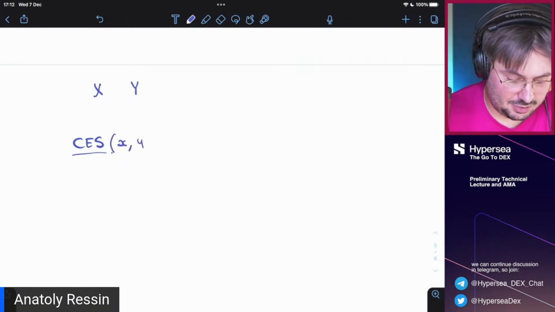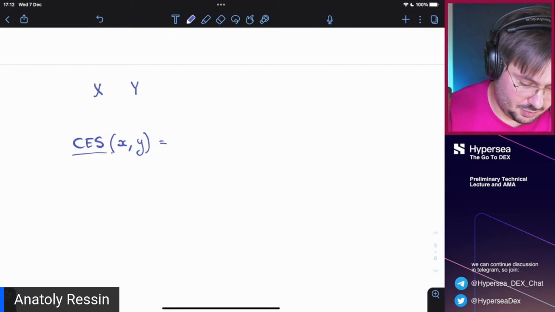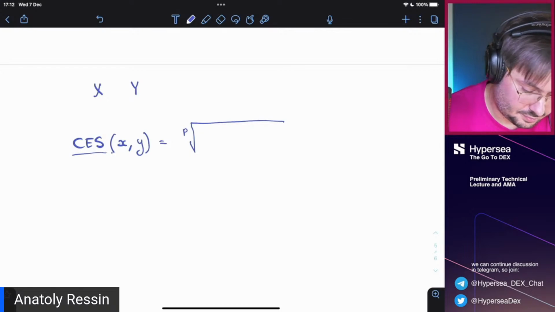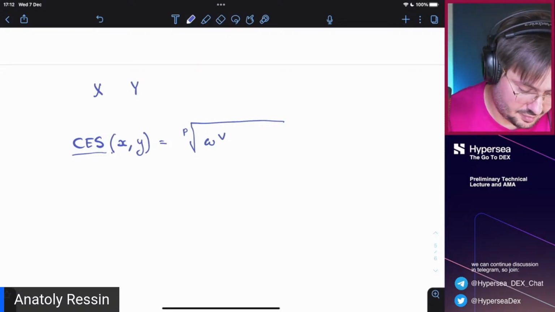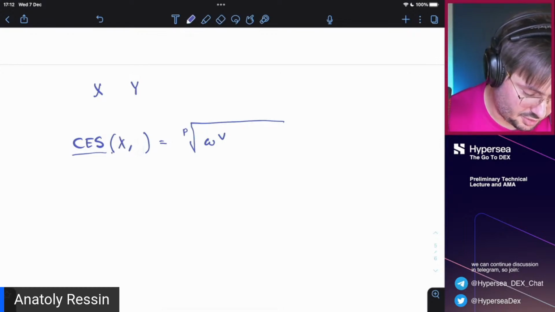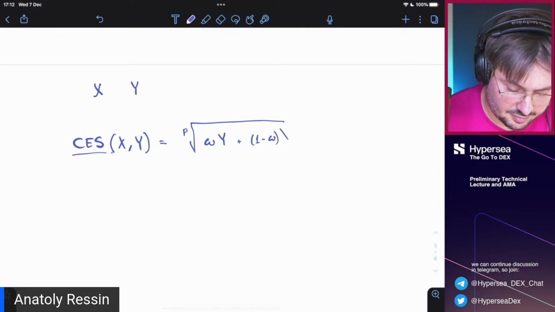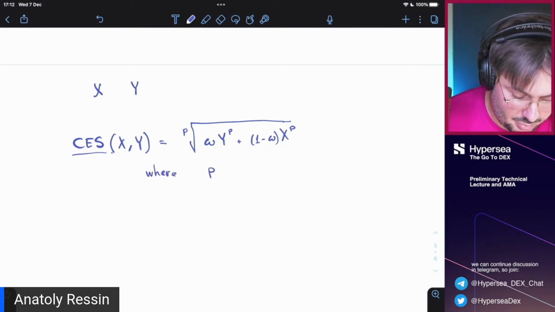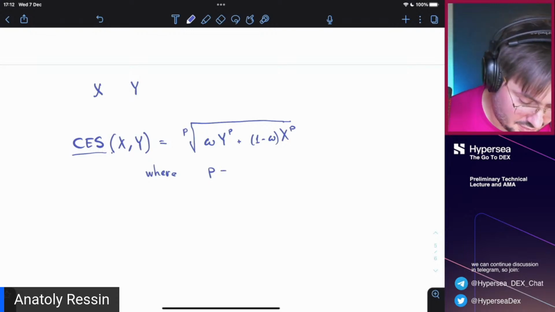It is defined on X and Y, and it is equal to, let's see, let me use big X and Y, like reserves, plus 1 minus omega of X, and here P and P, where P is elasticity.